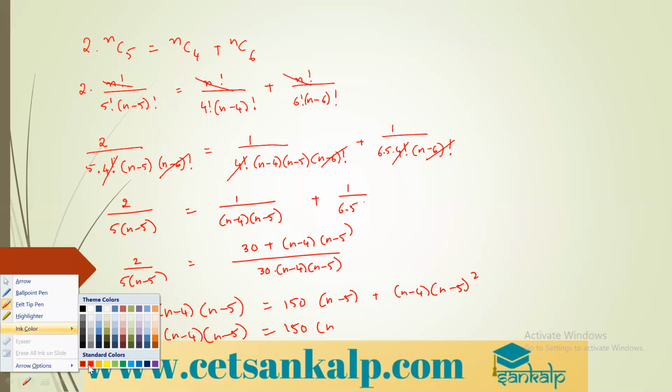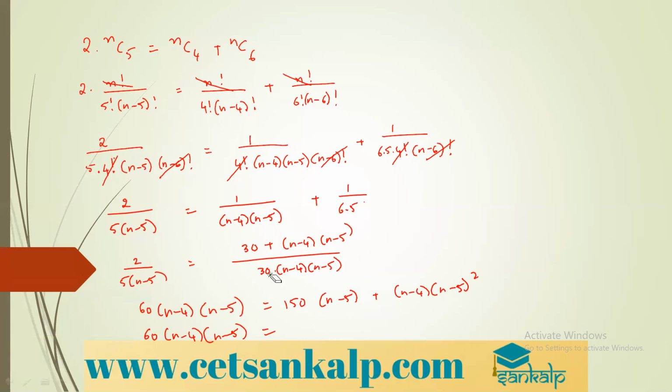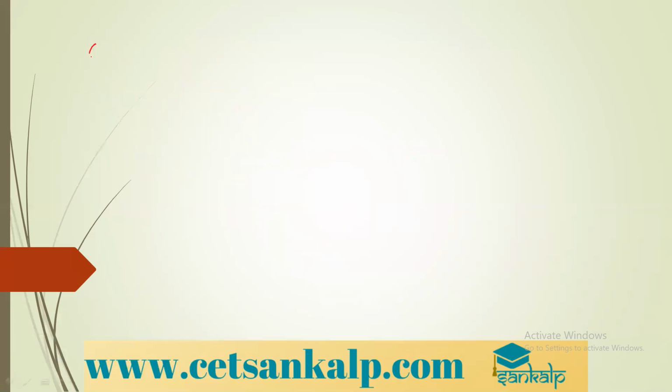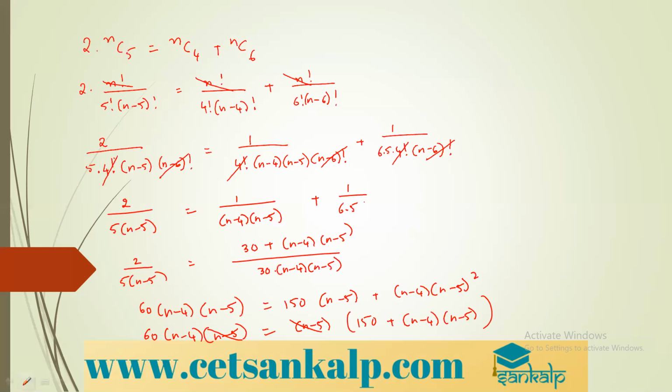On the right side, I will take n minus 5 common. After taking n minus 5 common, I have 150 plus n minus 4 into n minus 5. So that on both sides I can cancel n minus 5. Now left is 60 into n minus 4 equal to 150 plus n minus 4 into n minus 5.